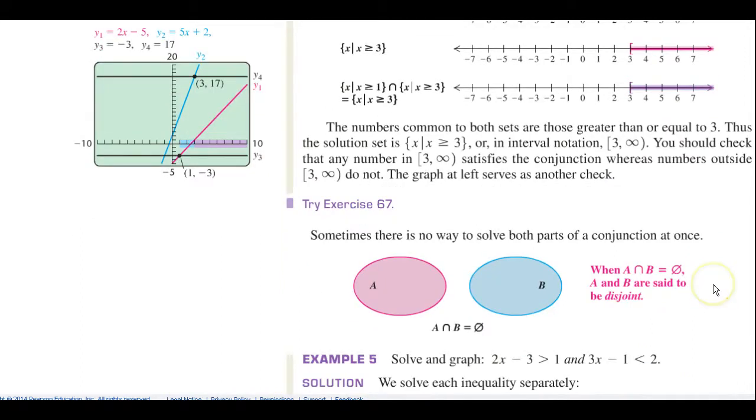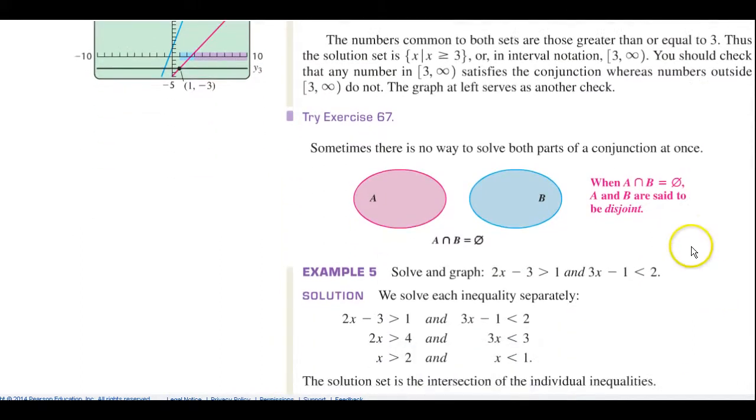Now, sometimes there is no way to solve both parts of a conjunction at once. So as you look at the Venn diagrams, we see there is no intersection between the two.